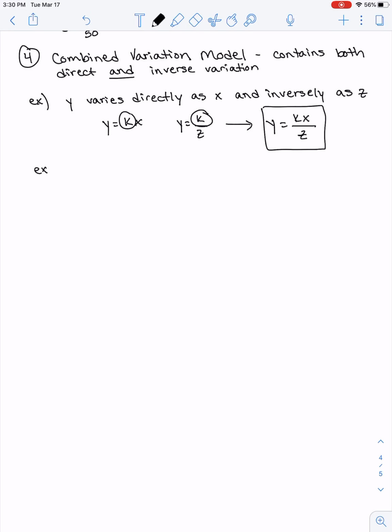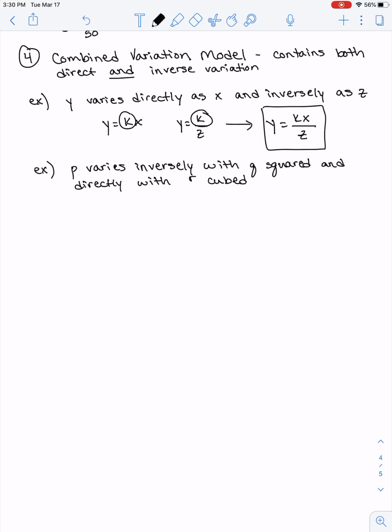If I said that p varies inversely with q squared and directly with r cubed, you can say, okay, p varies inversely, so that'll be a k over q and then squared.